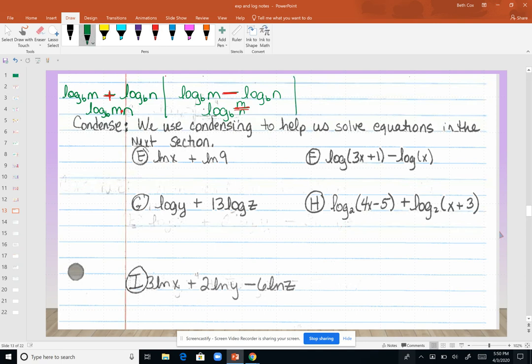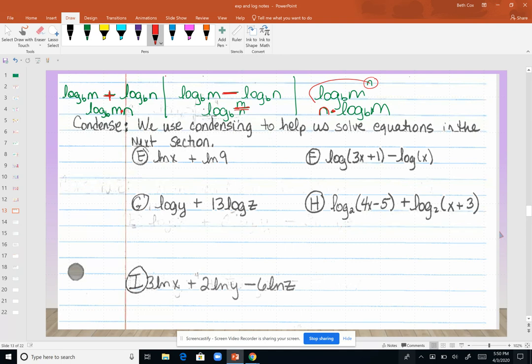I can rewrite as subtraction, or subtraction as division. And then the third one that we talk about, if I have log base b of m raised to the nth power, then I can write that as n times log base b of m. That takes the number out of the exponent and allows it to become a coefficient, which is much easier to deal with.